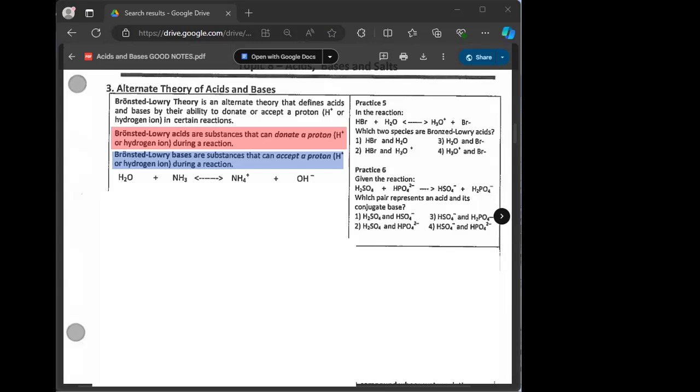Okay, so what we do is we need to pick a substance. Actually, wait, let me back up a second. Only the left side of the reaction can be an acid or a base. So not the right side. We're not going to label those as acids or bases.